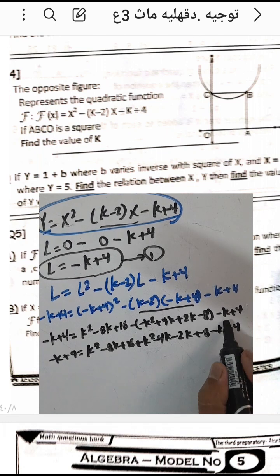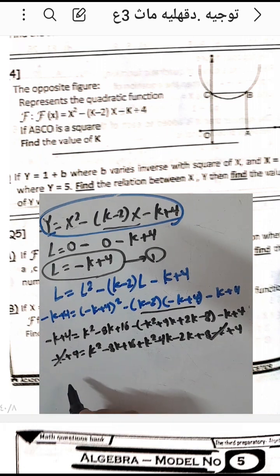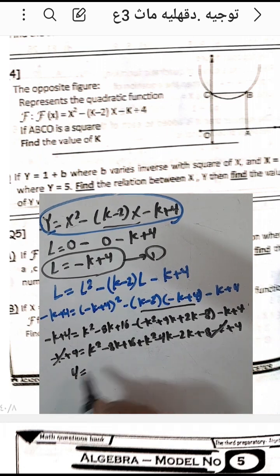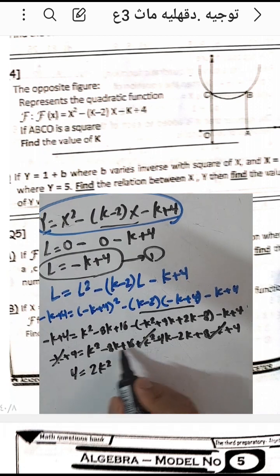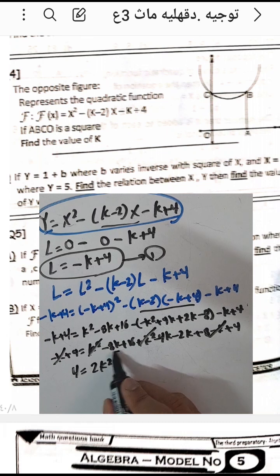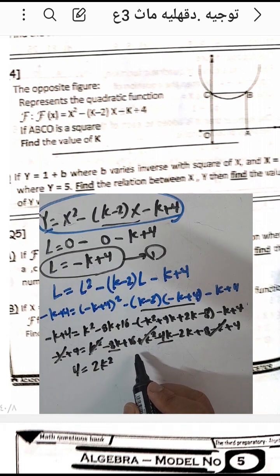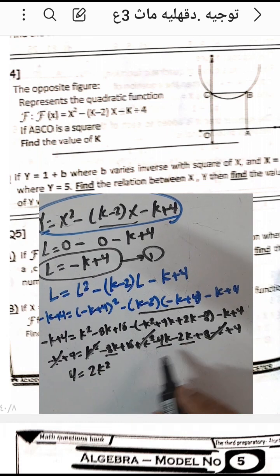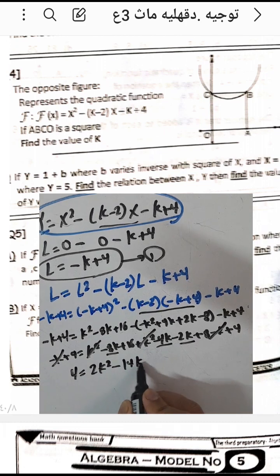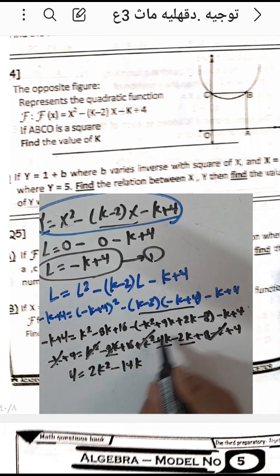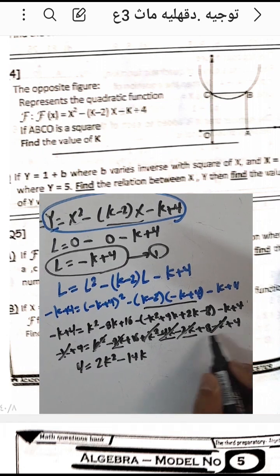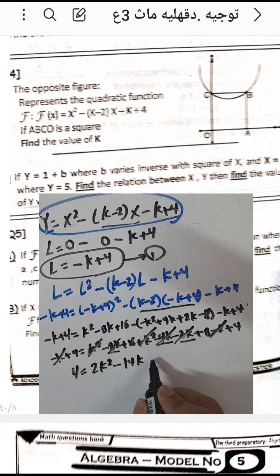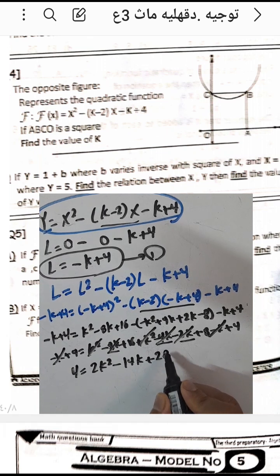You can cancel negative k by negative k and write 4 here, k power 2 and k power 2 to 2k power 2, negative 8k, negative 4k, negative 12k plus negative 2, negative 14k, and 16 plus 8 plus 4, 12, 12 plus 16, it will be 28.